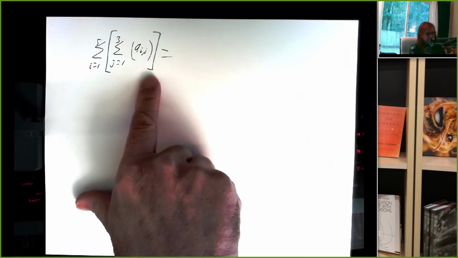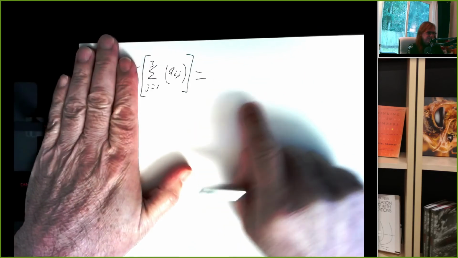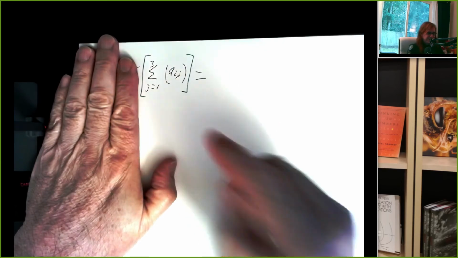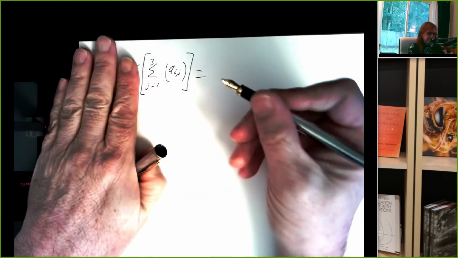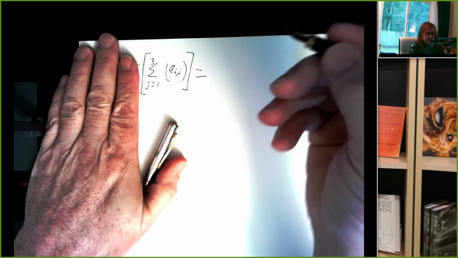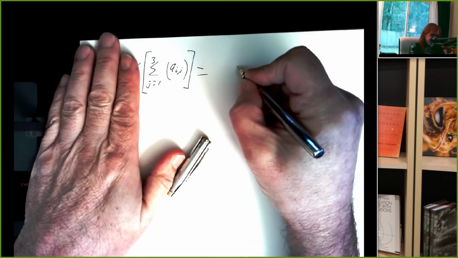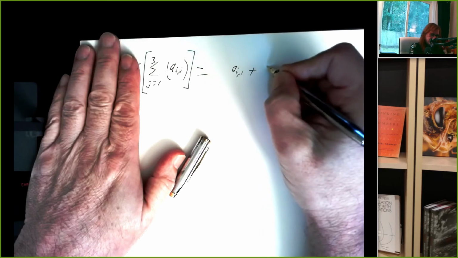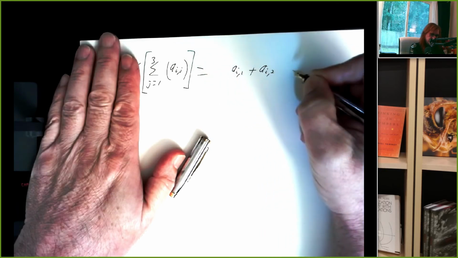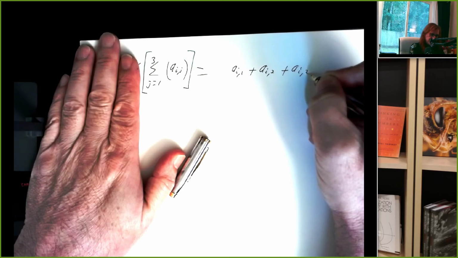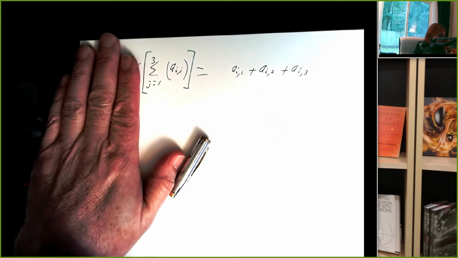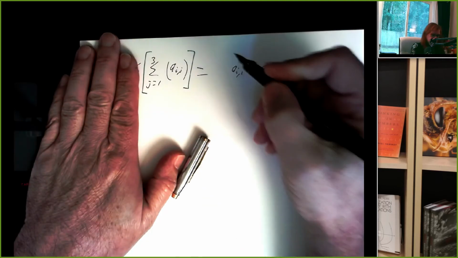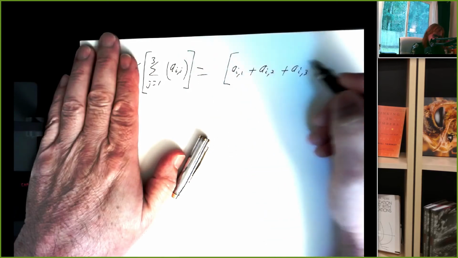Let's just think about this inner piece. Forget about the outer part for now. What is the sum from j equals 1 to 3 of a i comma j? Well, I don't know what i is, but it would be a i comma 1 plus a i comma 2 plus a i comma 3. That's what that thing in brackets is.